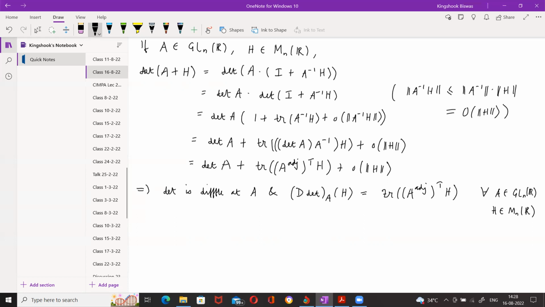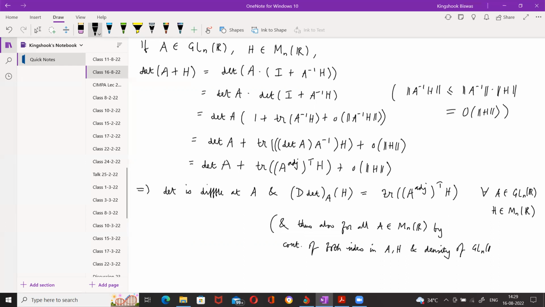So therefore, by continuity, since both sides are polynomial functions, this is true for all A in M_n(R), and thus also for all A in M_n(R) by continuity of both sides in A, H, and density of GL_n(R) in M_n(R).